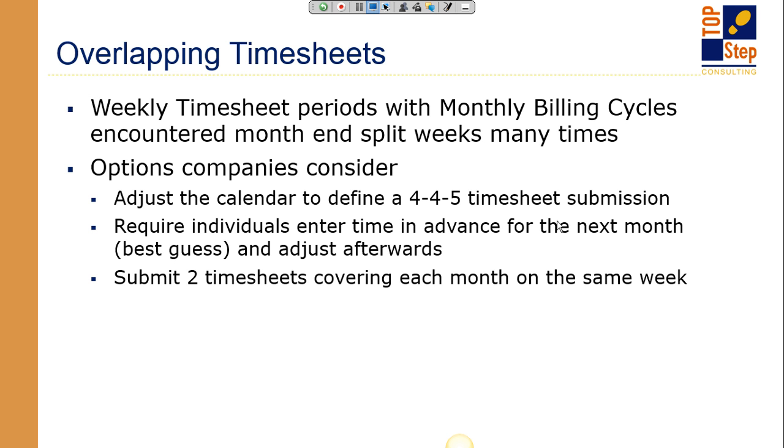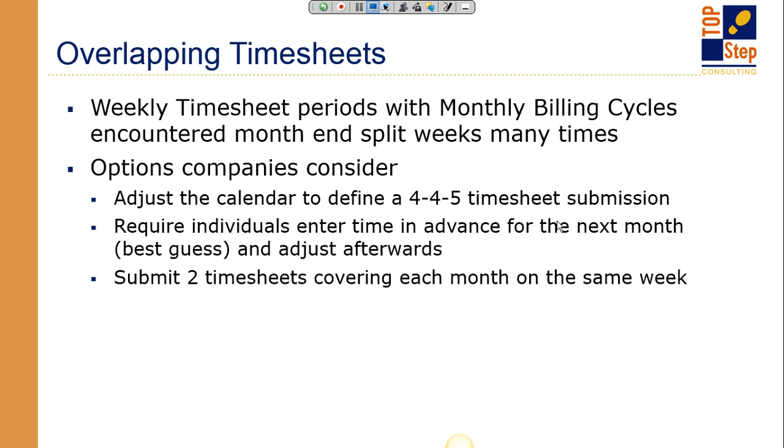We know there are 2 days on the timesheet. We just go ahead and estimate what you're going to do, and we'll go back and fix it later if it's not actuals. And then what I mentioned earlier is the 2 timesheets, one for the end of the last month, and one for the beginning of the next month, all within the same week. So we'll talk about that in a little bit.